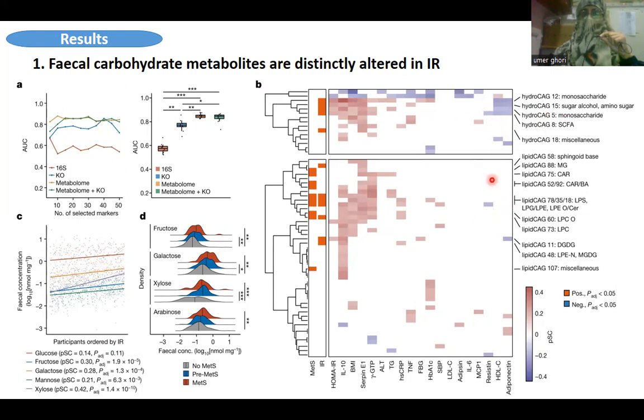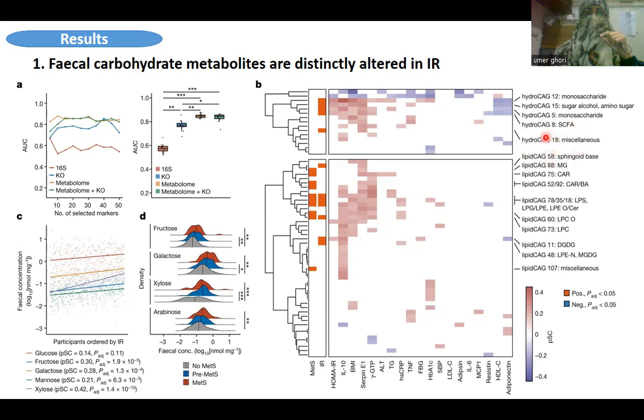Additionally, short-chain fatty acids, which are also known as carbohydrate fermentation products, were also increased in insulin resistance, such as hydrophilic coabundance group 8 that is mentioned. Among the short-chain fatty acids, propionate was particularly increased in insulin resistance, consistent with its role in gluconeogenesis.